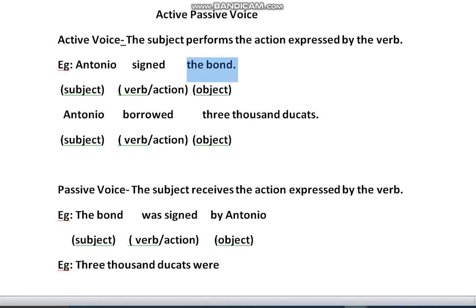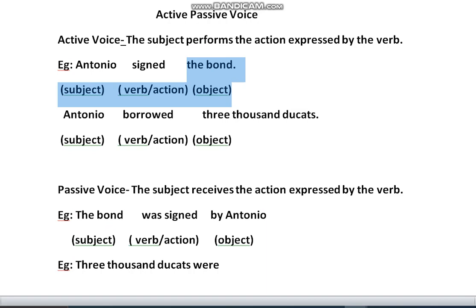Therefore, the bond, that is the object here, will become the subject in passive voice. The order will change and we will begin the sentence with the word that was the object in the first sentence. I hope you can understand. Please look at the screen. Antonio signed the bond. Antonio is the subject, bond is the object, and this is in active voice.